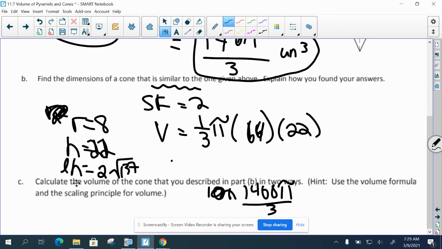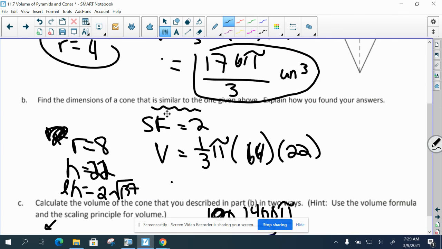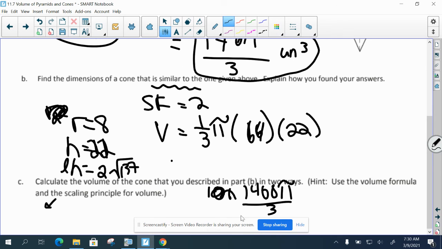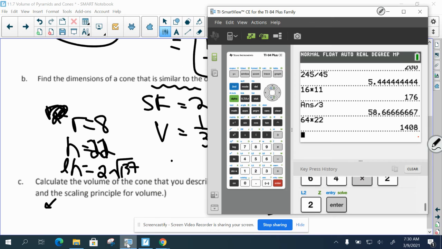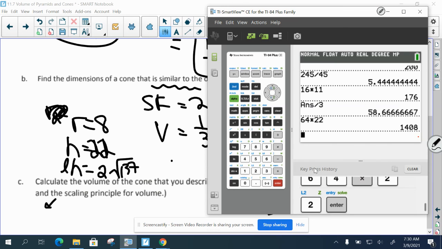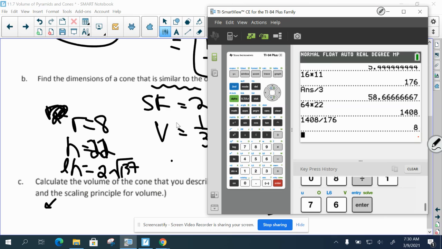Now the scaling principle for volume, remember if we double the scale factor, then what are we doing to the radius? We're doubling it, but what are we doing to the volume? So if I take the volume that we found in the first part, which was 176, and I divide that from 1408, I get 8.